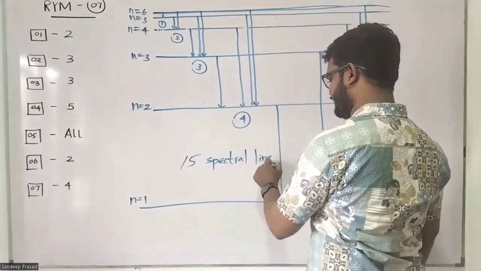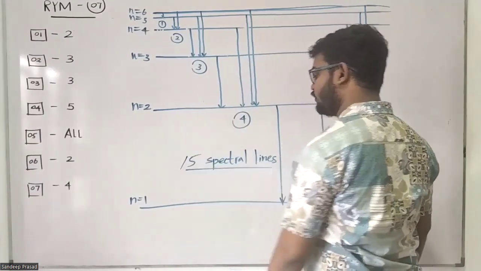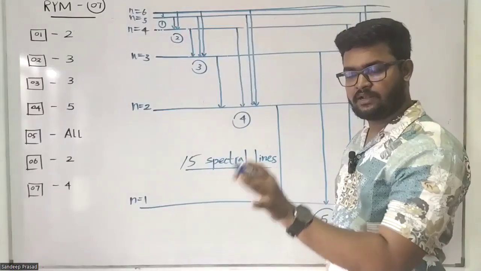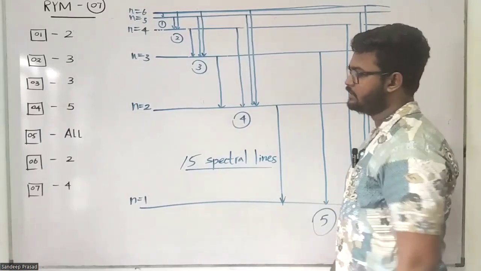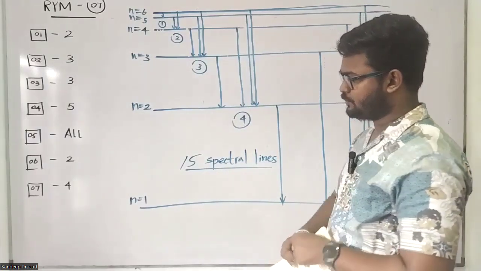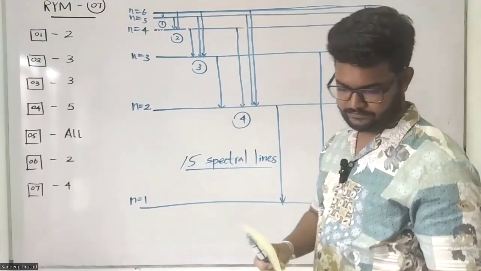If there are 6 principal energy levels, remember students, we can obtain 15 spectral lines in the spectral line diagram, maximum. Then the answer for question number 8 is the second. Very easy.